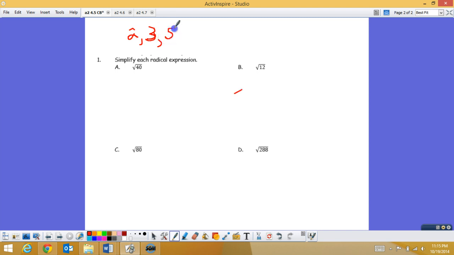We have 5 and 7. 9 is not a prime number because 3 is a factor of 9. 11, 13, 15 is not, but 17 is, 19 is, 21 is not, 23 is, 29 is, and generally you will not need any bigger numbers than those for these types of problems.